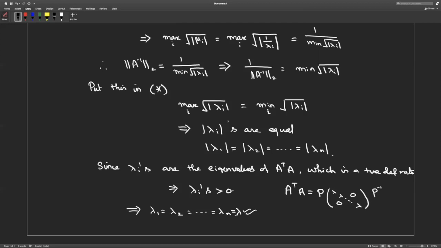We can find an invertible matrix P such that A transpose A can be written like this. You know this. You can see that A transpose A is also a symmetric matrix. Now you take lambda outside, and we can write it as lambda times P I P inverse, that is nothing but lambda I.